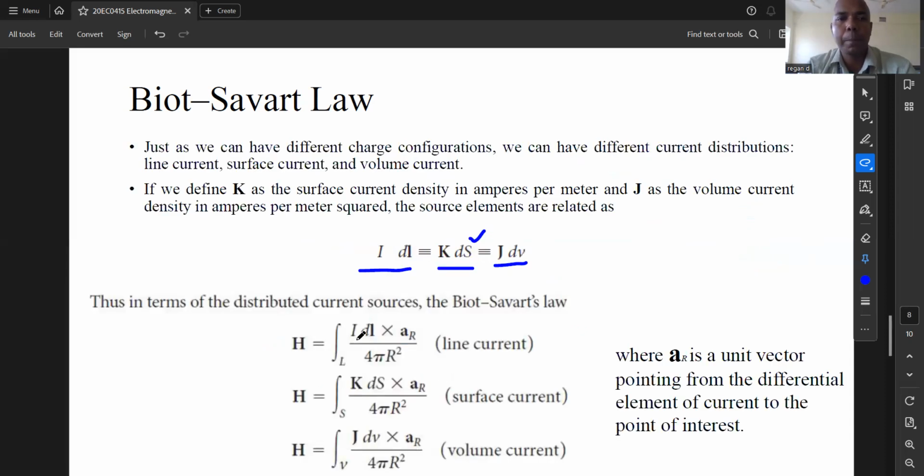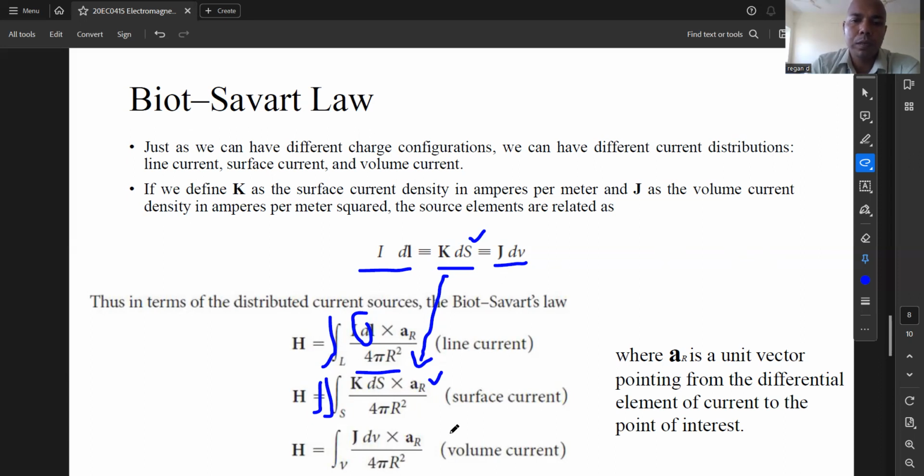If I take a line current distribution, H is the integral of I dL cross aR over 4 pi R square, and here we are taking line current, so the integration is a line integral. If it is a surface current, in place of I dL you write K dS cross the unit vector over 4 pi R square, and here it is a double integration, that means a surface integral.